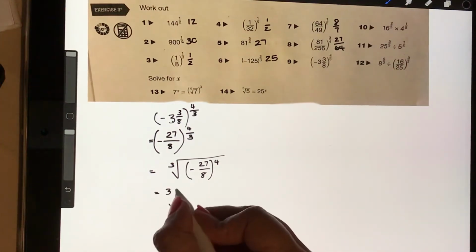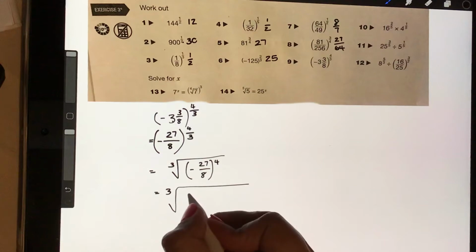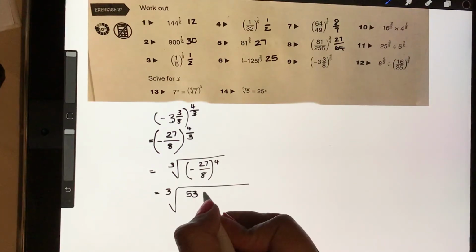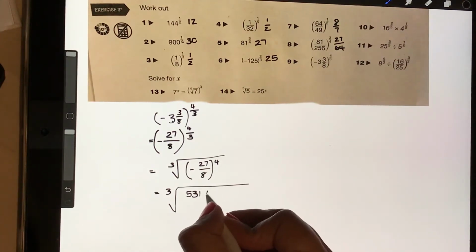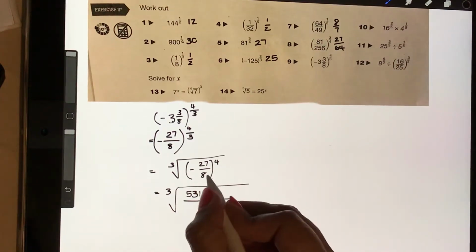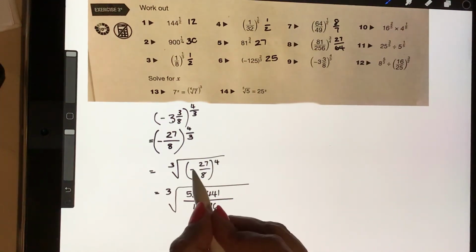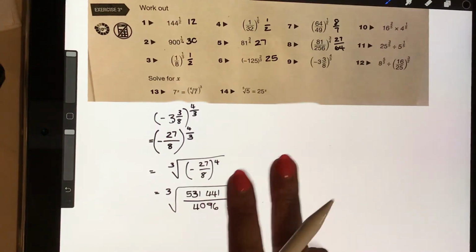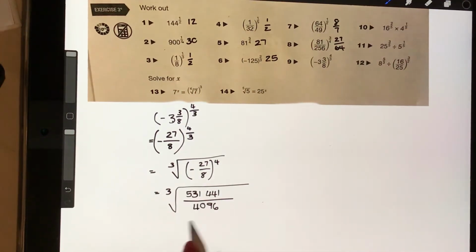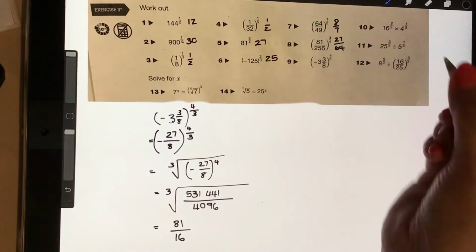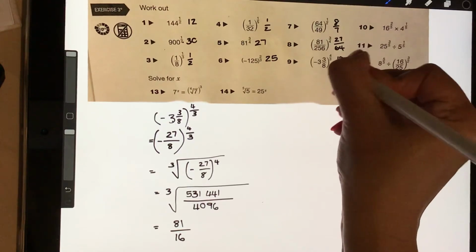So you've got the cube root, 27 raised to the power of 4 gives you 531,441, and 8 to the power of 4 gives you 4,096. Because that is an even number, a minus times a minus times a minus times a minus will give you a positive number. Right, then if you put this into your calculator, you're going to get 81 divided by 16. Right, so your answer here is 81 over 16.